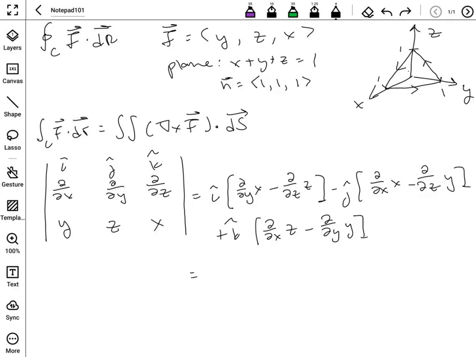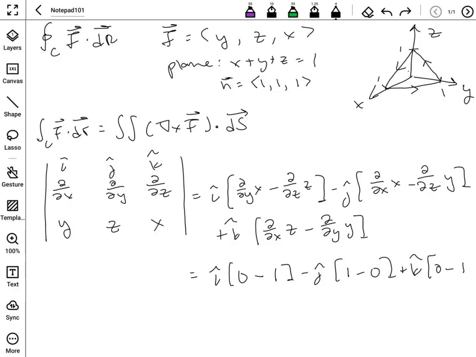And when I simplify, I've got i hat: d/dy of x is 0 and d/dz of z is 1, so 0 minus 1. Minus j hat: d/dx of x is 1, minus d/dz of y is 0. Plus k hat: d/dx of z is 0, minus d/dy of y is 1.